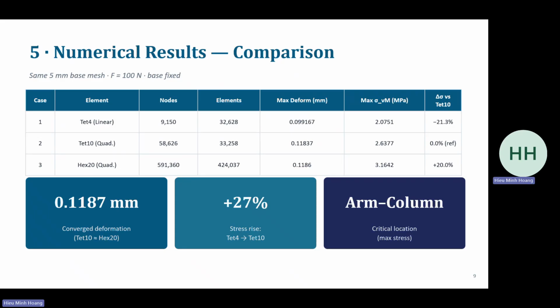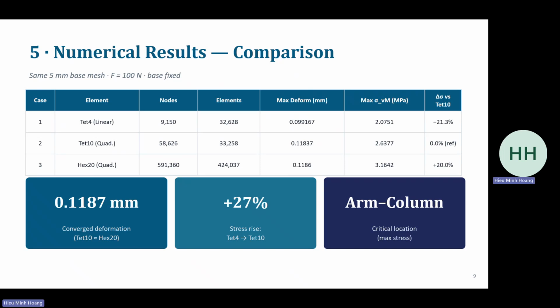HEX20 gives almost the same deformation as TET10, about 0.1187 millimeters, but its stress is 20% higher. The critical location is at the arm column joint. So let me look closer.